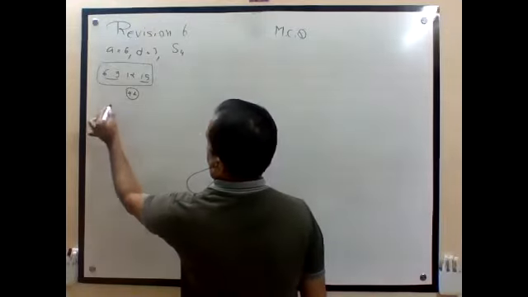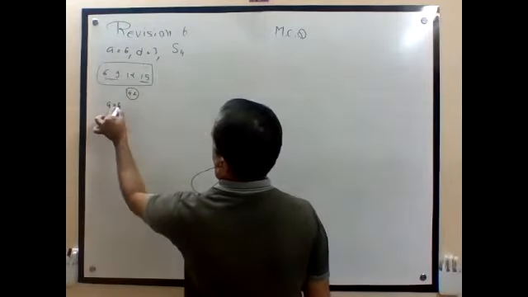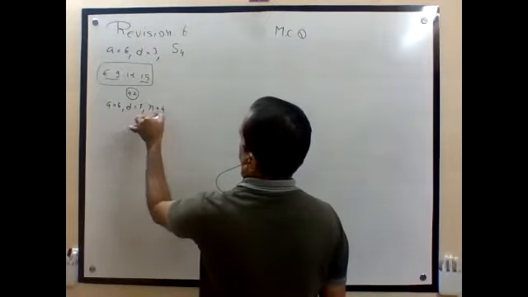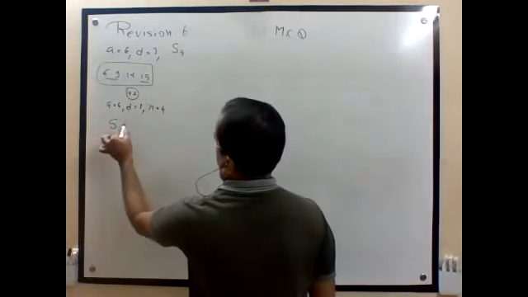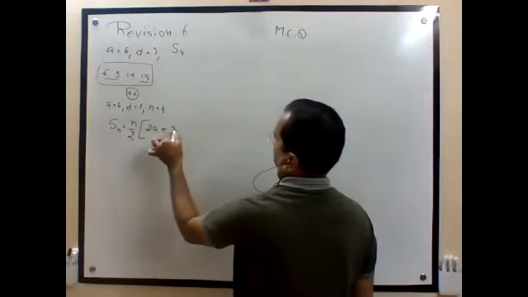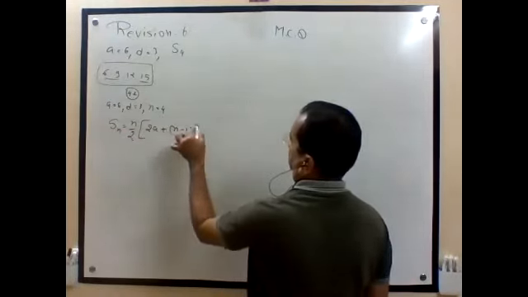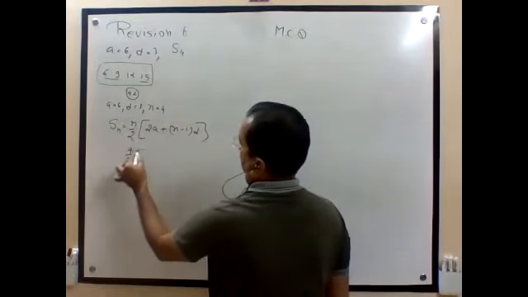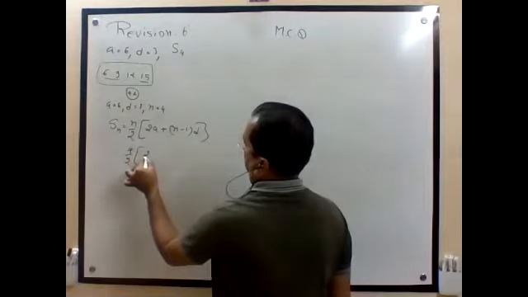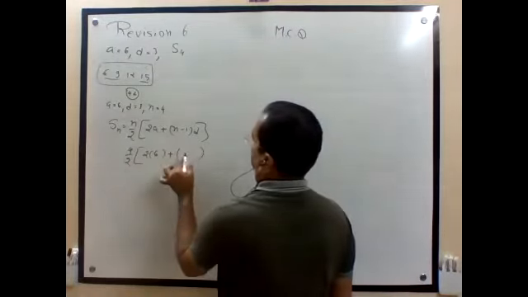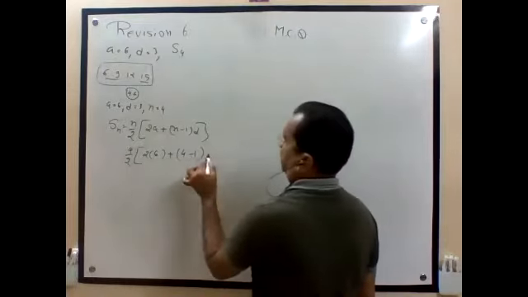Now formula wise, a is equal to 6, d is equal to 3, n is equal to 4. Sn is equal to n by 2 in bracket (2a plus (n minus 1)d). n is 4 by 2, 2a means 6, n means 4 minus 1, d means 3.